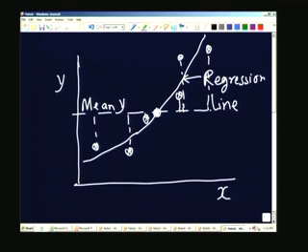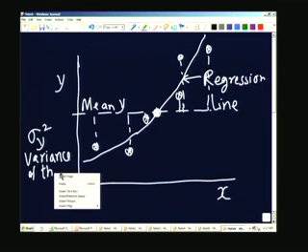If you have more points, you will see a much better description of what is happening. So, now I can look at the variation of y with respect to the mean and define sigma y squared as the variance of the y's. This concept is already familiar to us.